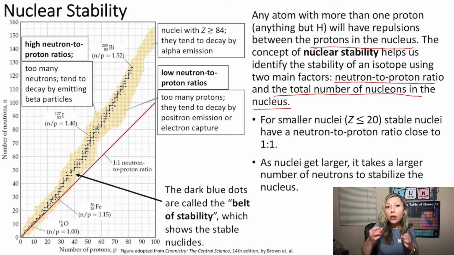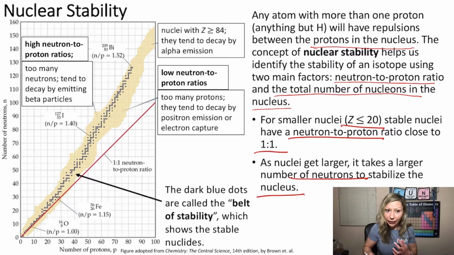So for smaller nuclei, below atomic number 20, stable nuclei have a proton to neutron ratio of 1:1. And nuclei that are larger are going to stabilize by having more neutrons in the nucleus. And this is also shown in the figure right here.